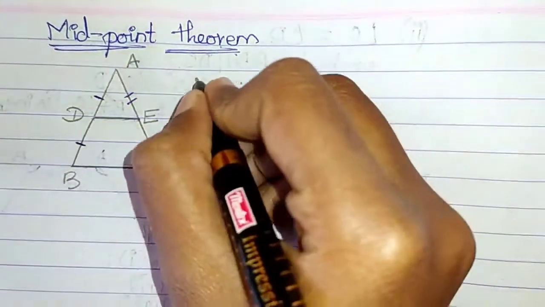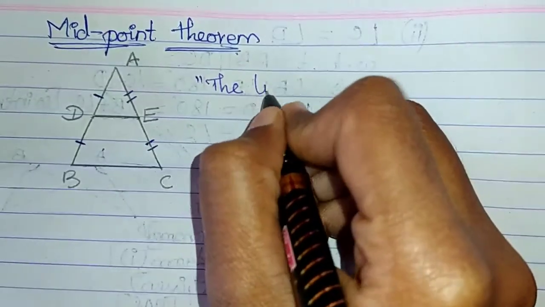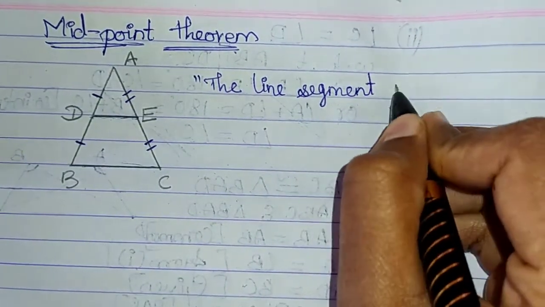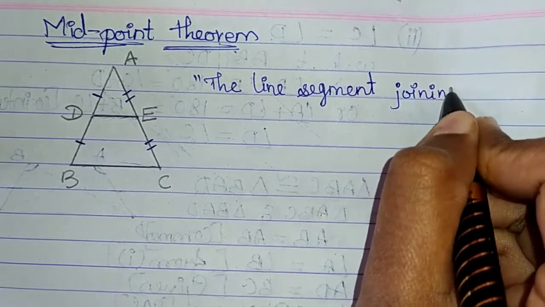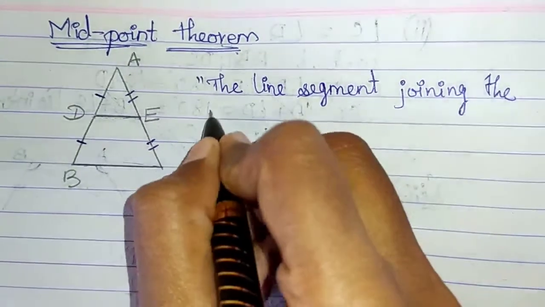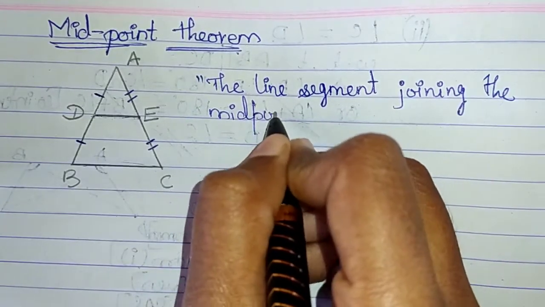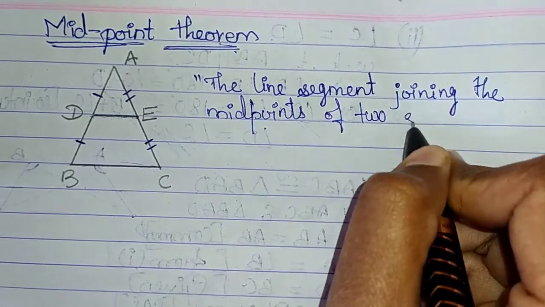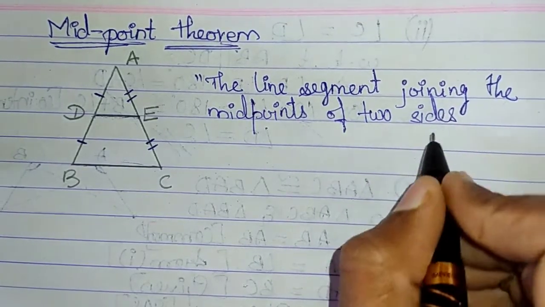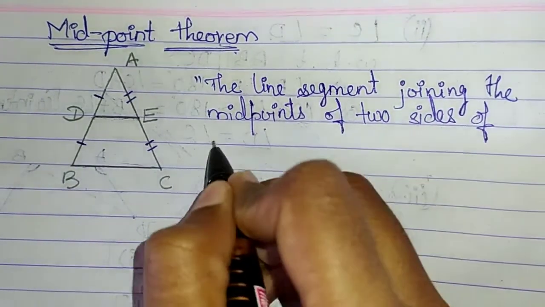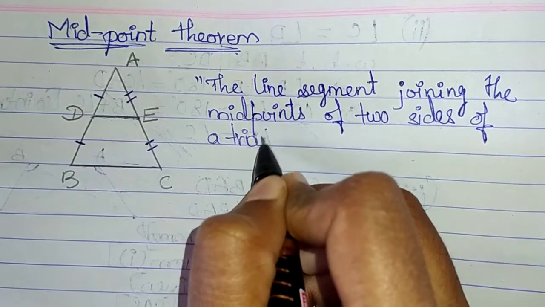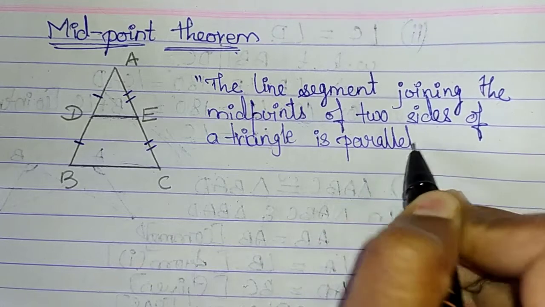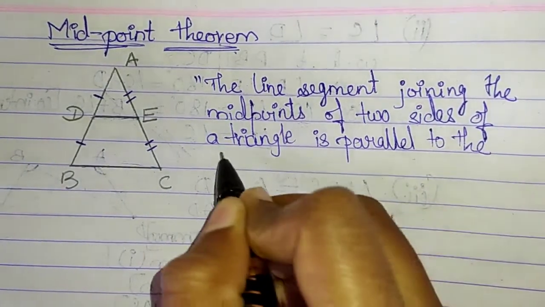The statement of the theorem is: the line segment joining the midpoints of two sides of a triangle is parallel to the third side.